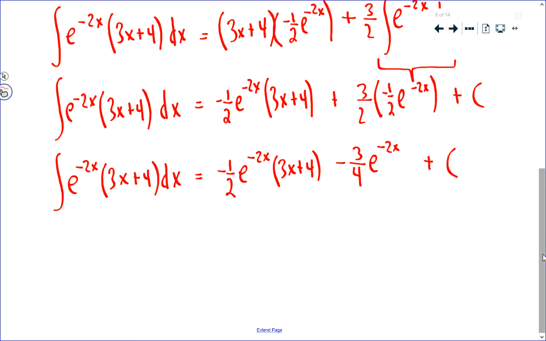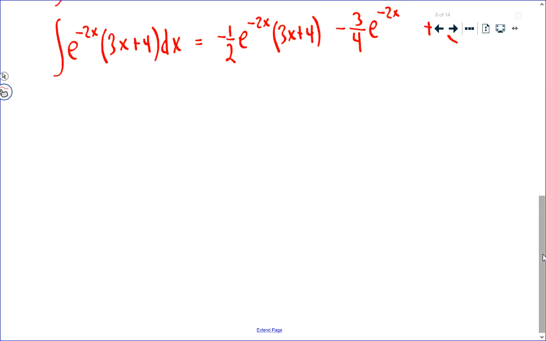If we differentiate what we believe to be the answer, it has to give us the original integrand. So it's very easy to check. I'm not suggesting that you want to check these every time, but this is only our second example, so I'm going to verify it with you.